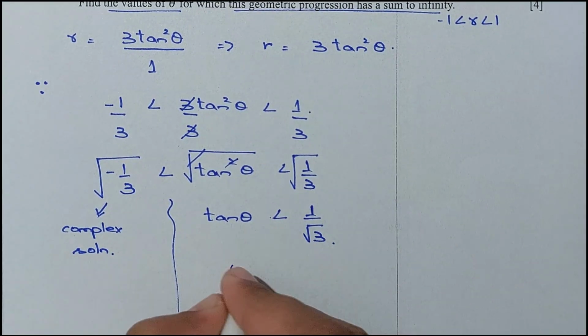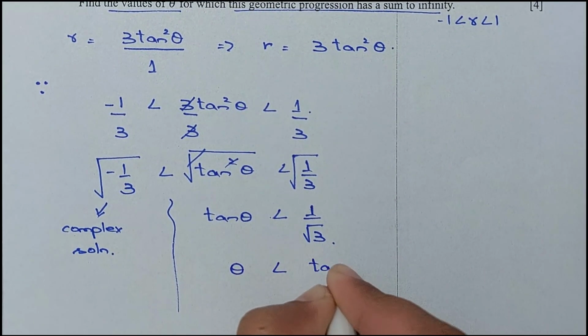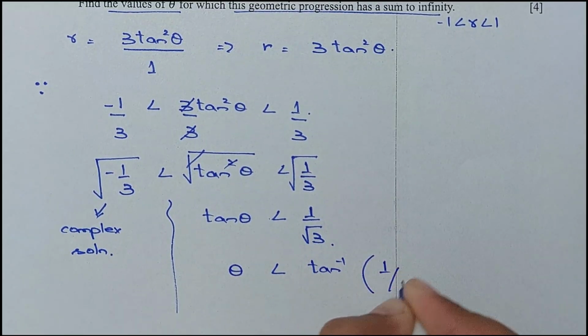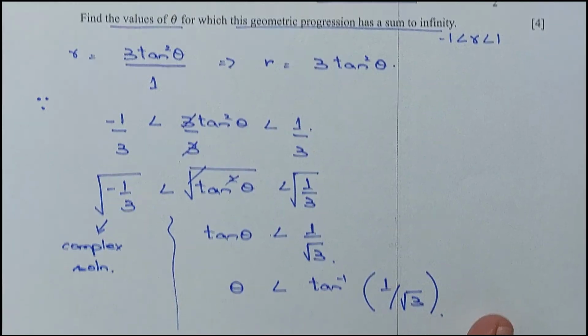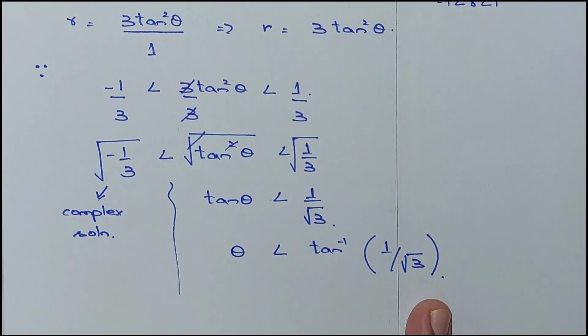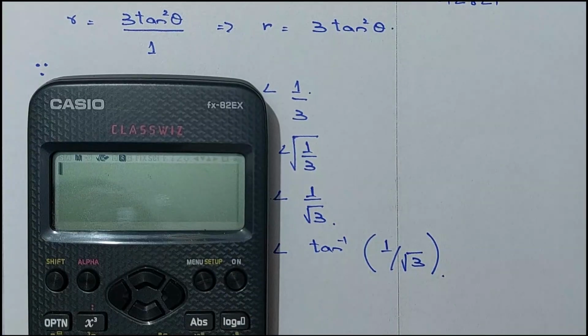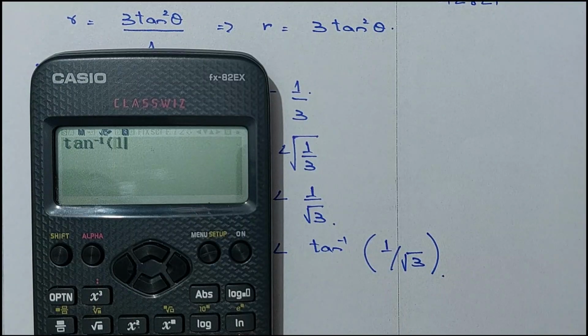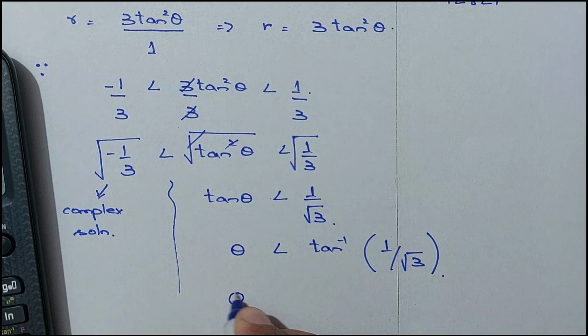So what is the value of theta? Theta is less than tangent inverse of 1 over square root of 3. All right, so this is in terms of pi in radians. It means my calculator is in radians. Tangent inverse of 1 divided by square root of 3 is pi by 6. Theta is less than pi by 6.